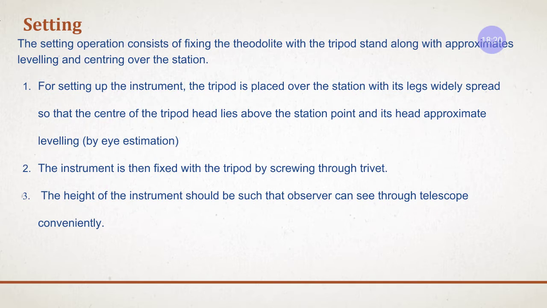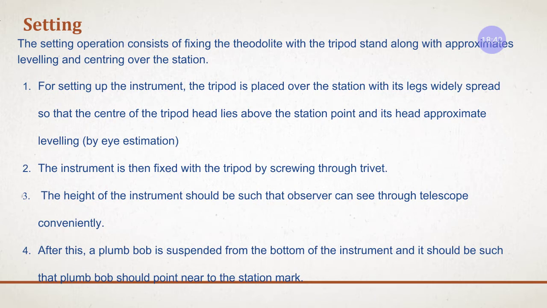The height should be such that the observer taking the readings shall be able to see the readings properly. The height should not be very high or too low, so that it doesn't make you uncomfortable while taking the readings. Keep that in mind.